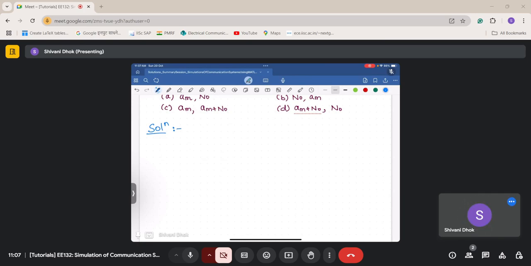Okay. So what is given to us is we have AM as the symbol being transmitted. And this AM will be a complex number.